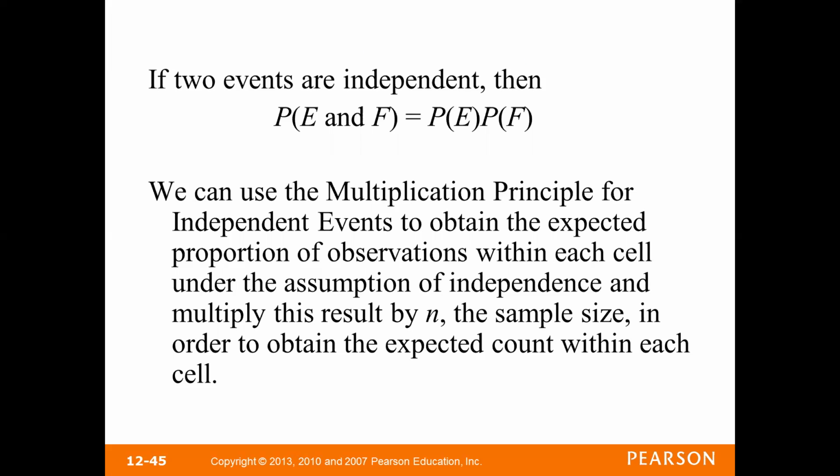Remember, under the assumption that two things are independent, the probability of E and F occurring is the product of the probabilities, P of E times P of F. We can then use the multiplication principle for independent events to obtain the expected proportion of observations within each cell under the assumption of independence and multiply this result by n, the sample size, in order to obtain the expected count within each cell.